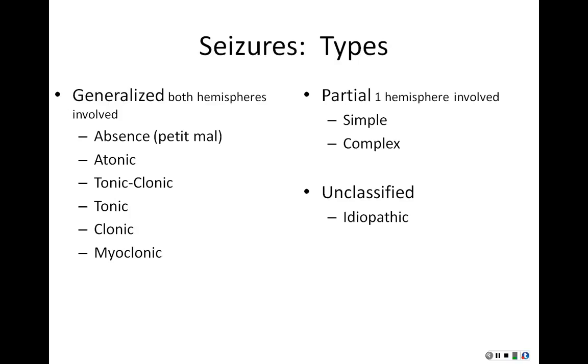We have absence, what sometimes is called petit mal, atonic, tonic-clonic, and myoclonic. And then on the partial, we have simple and complex, and then there's some that are idiopathic. And guess what? Unclassified, over probably half of the seizures are unclassified. We don't really know what the reason is. Okay?